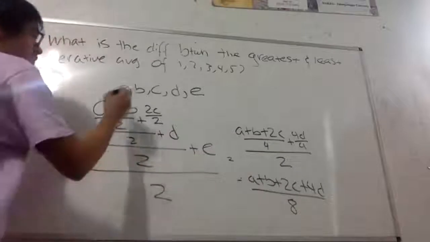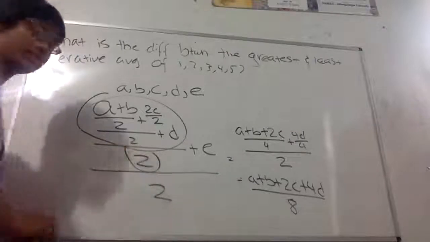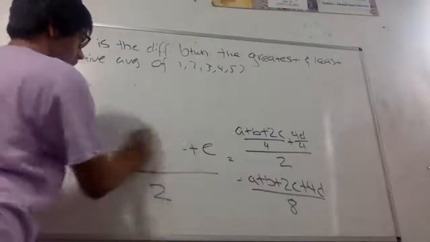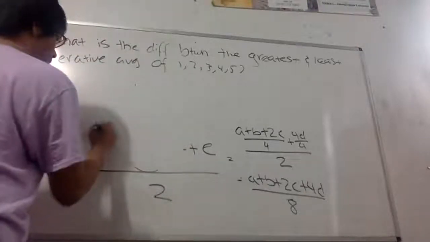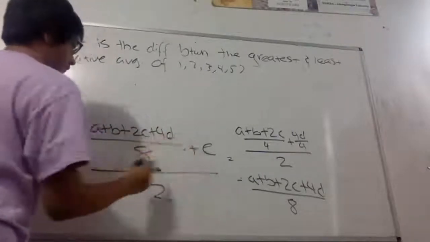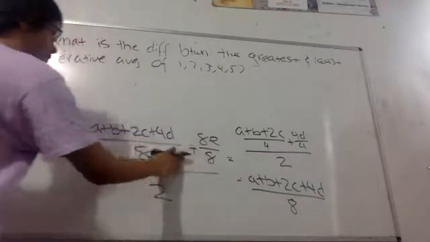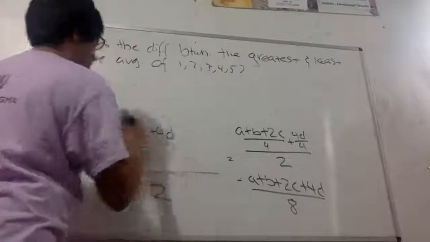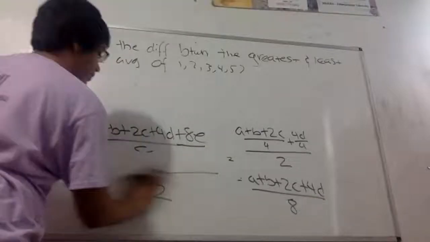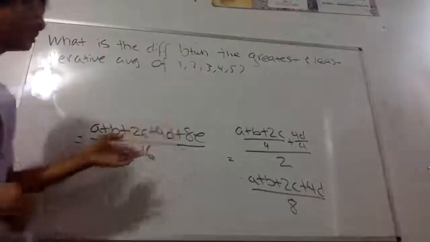So we've reduced all of this, including this, so let me erase this and rewrite it. We have A plus B plus 2C plus 4D over 8, plus E over 2. So now instead of E, I can write 8E over 8. So this will simply become A plus B plus 2C plus 4D plus 8E, and once I multiply by 8 on numerator and denominator, I get the following: A plus B plus 2C plus 4D plus 8E over 16.